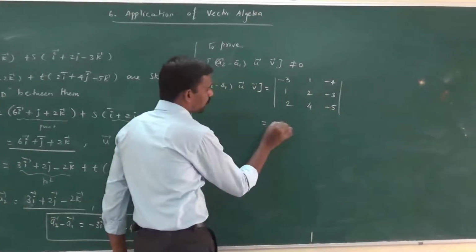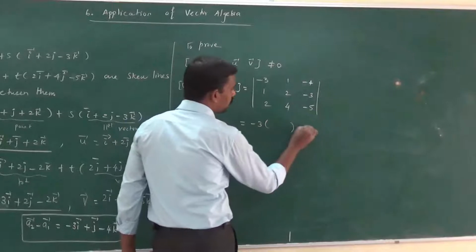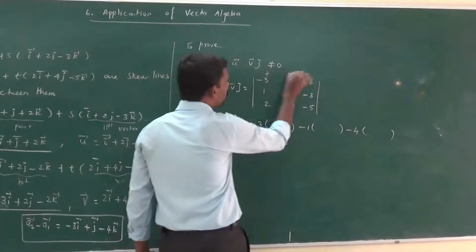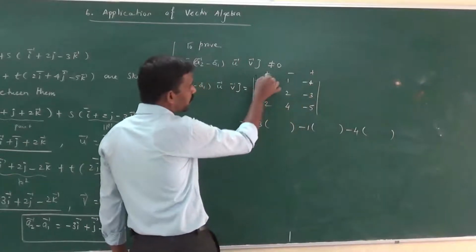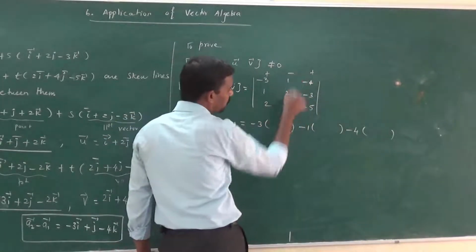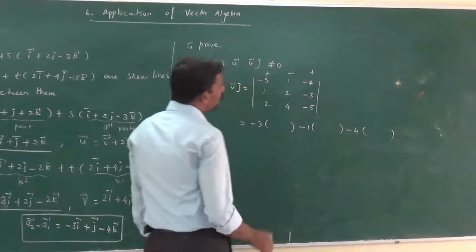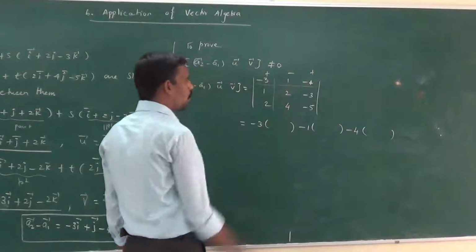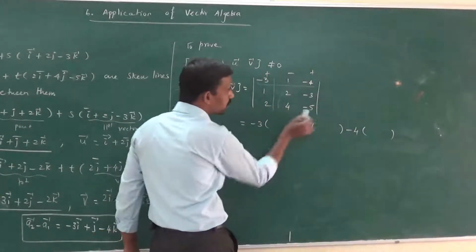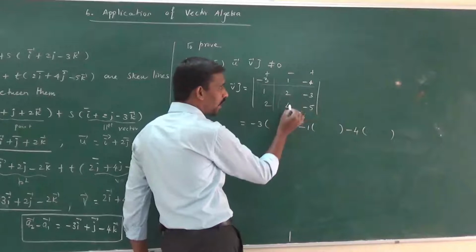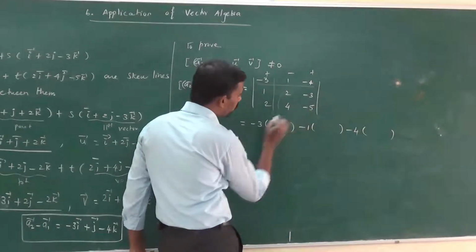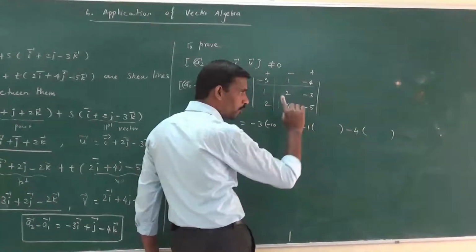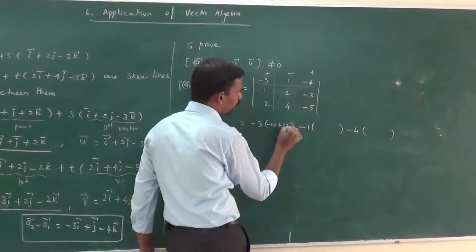Now expand along the first row with the sign pattern plus, minus, plus. Taking the minor of minus 3, omit its row and column and multiply the primary and secondary diagonals: 2 into minus 5 minus 3 into 4, which is minus 10 minus 12; change the symbol to plus 12.